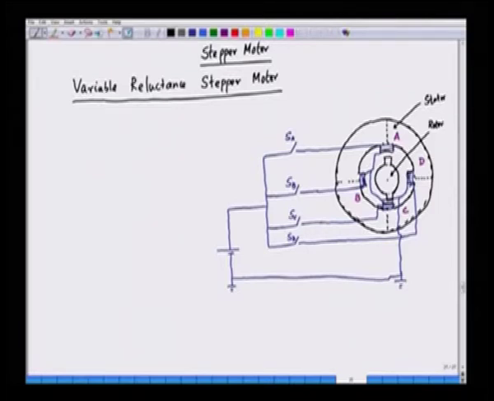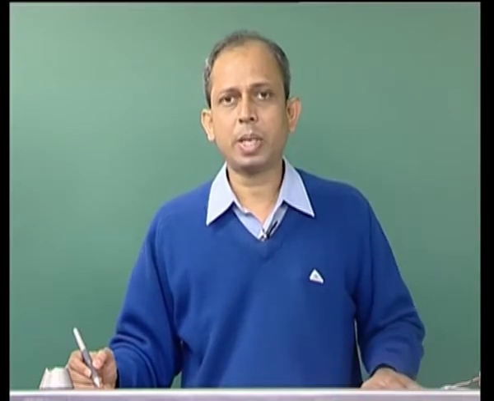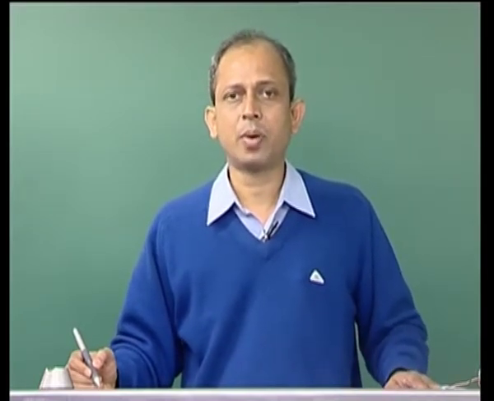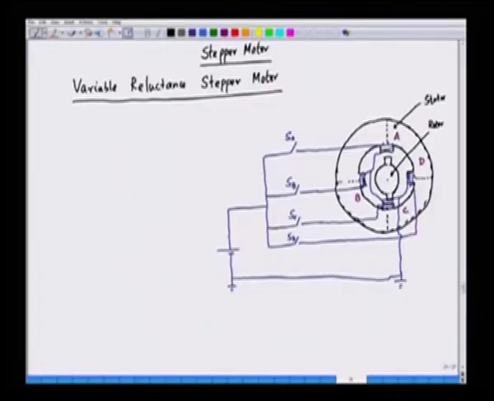and the motor is controlled by switching the various phases. Now, what we do here, we switch in the sequence of A, B, C and D. We can have two types of control.